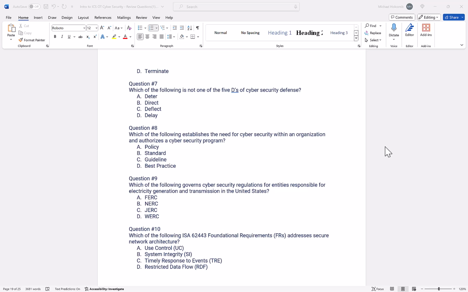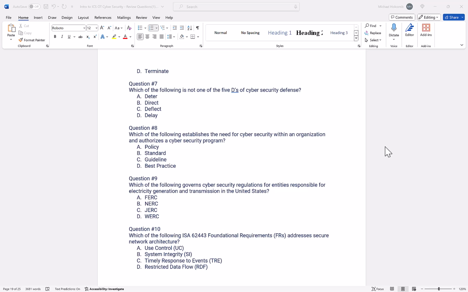But when you have multiple zones, which we always will, you want to make sure we restrict the flow of data between them, right? We'll use things like access control lists to prevent assets in one zone from talking with assets in another if they don't need to communicate.